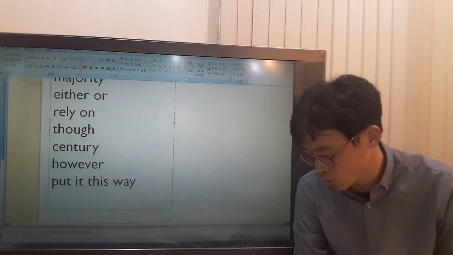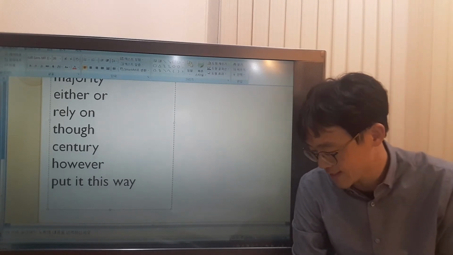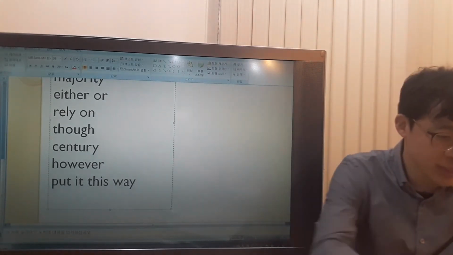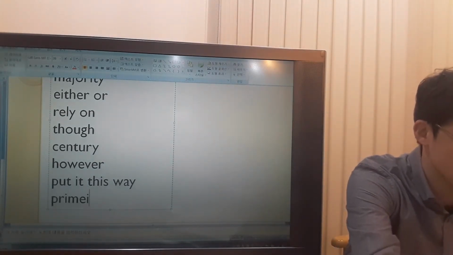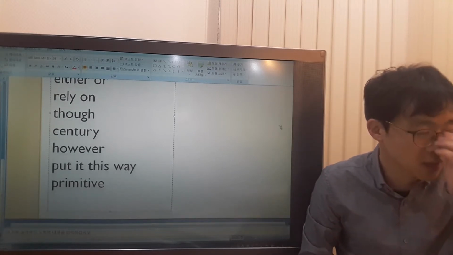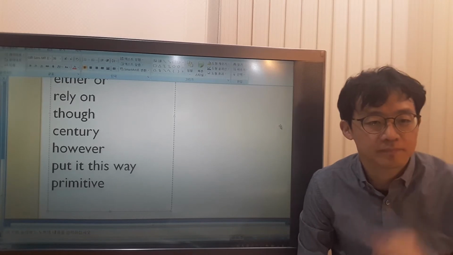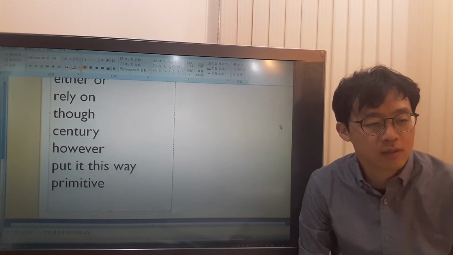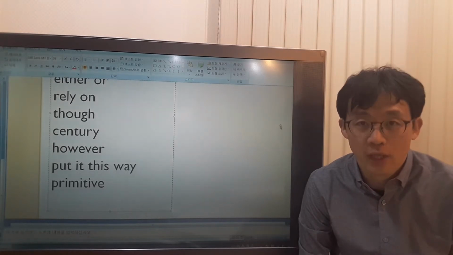Primitive men used watercolors to create cave paintings thousands of years ago. Primitive men. What does that mean, primitive? Primitive means belonging to a society living in a simple way.